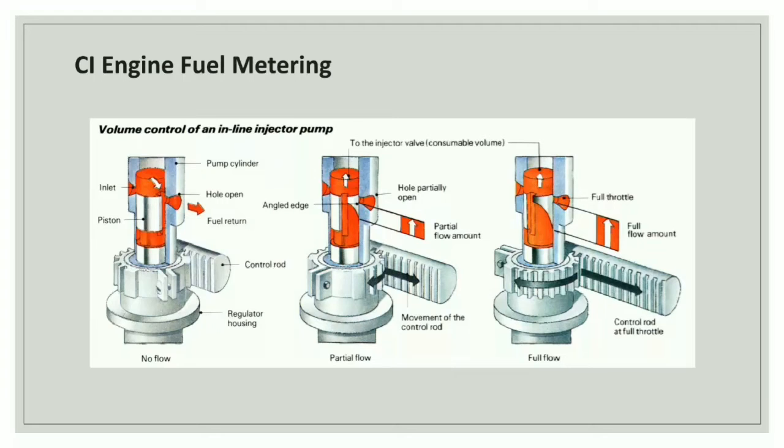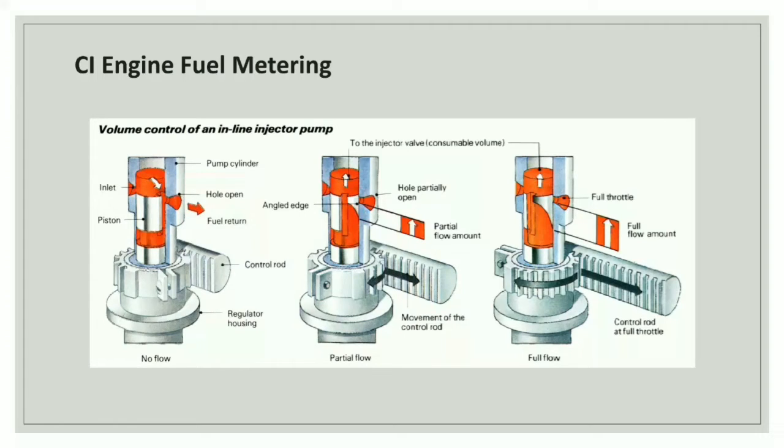There are three different types. The first one is for no flow, the next one is for partial flow, and the last one is for full flow. Looking at the first one, you can see the inlet piston pump cylinder hole open and fuel return, control rod, regulator housing.